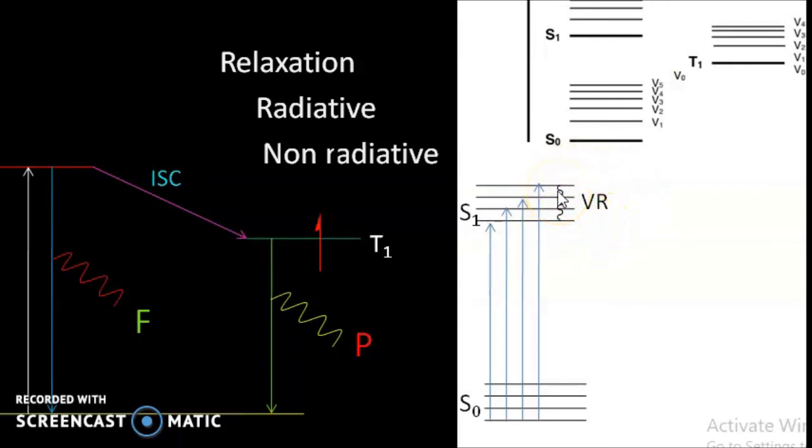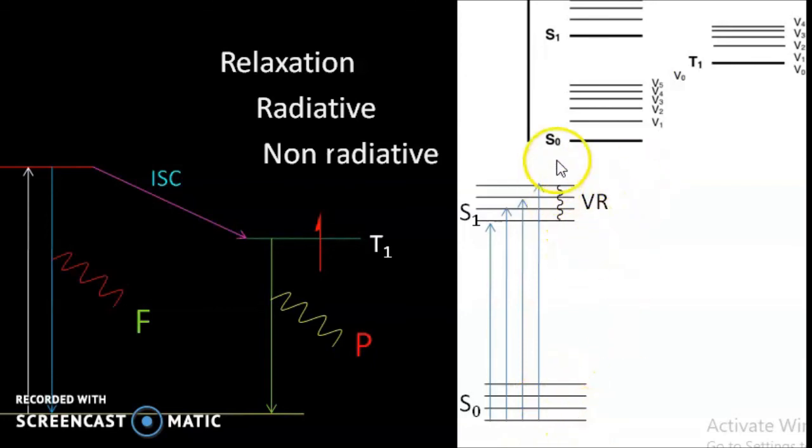Vibrational relaxation is where the electron from a higher vibrational level comes down to a lower vibrational level of the same electronic state. Even in the ground state, if you give a little amount of energy, the electron from the lower vibrational level can move on to a higher vibrational level and can come down again with the release of energy.